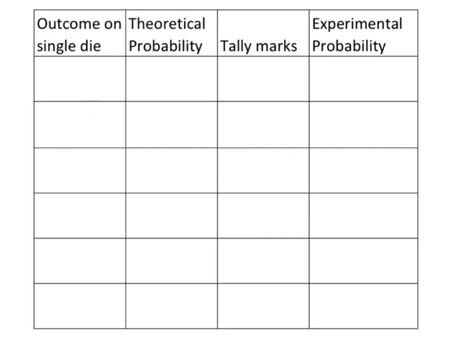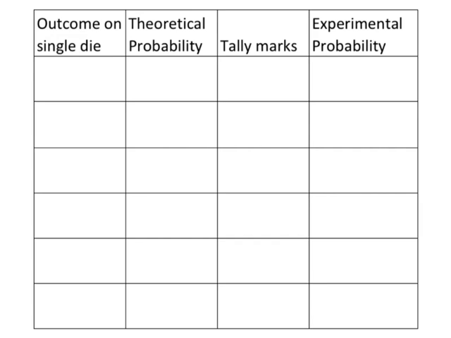You can write down what the possible outcomes are on a single die. I won't do that for you. And then you'll figure out what the theoretical probability is here. And you'll write down the fractions. And then you'll actually do this experiment.